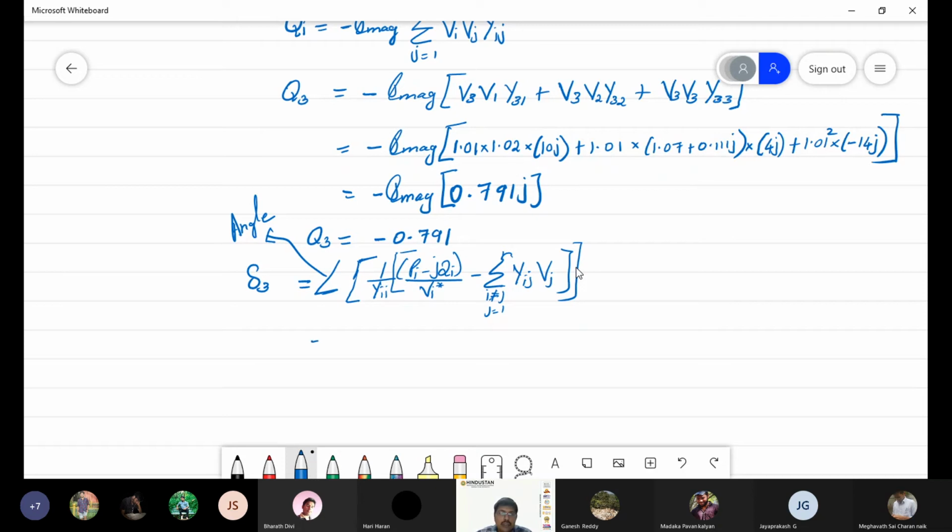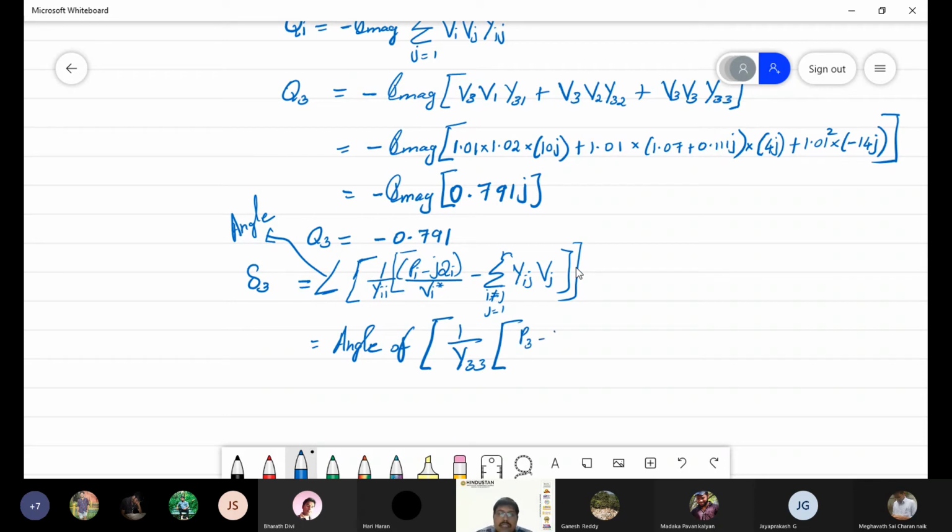So now we are substituting everything. Otherwise, we can write it as angle of 1 divided by Y33, and you open the bracket. Now you substitute all those things inside.